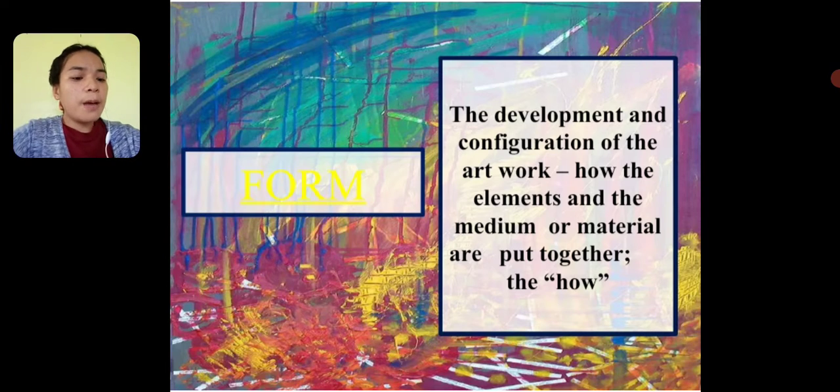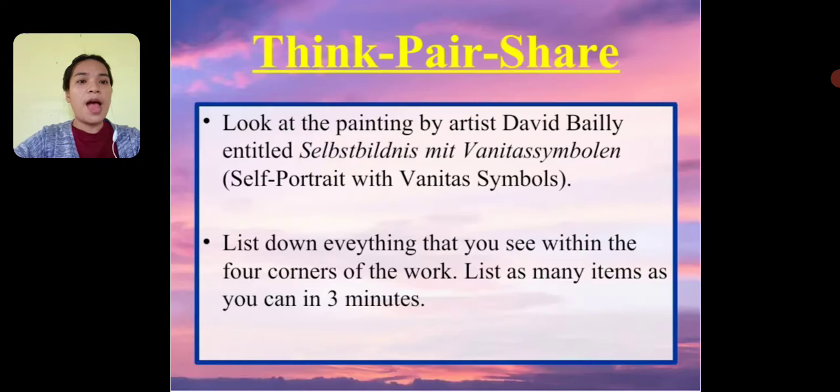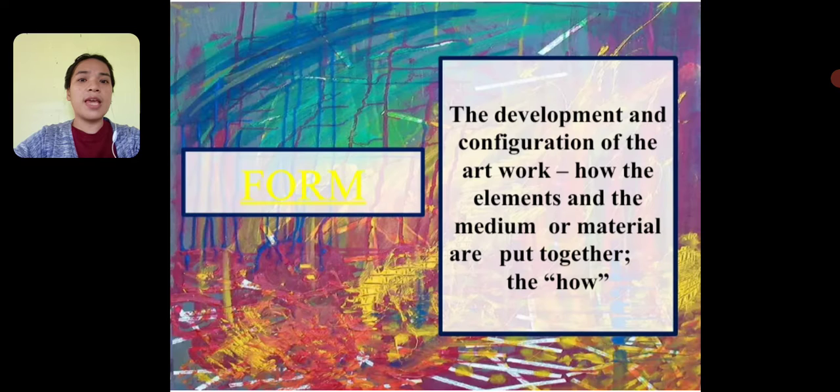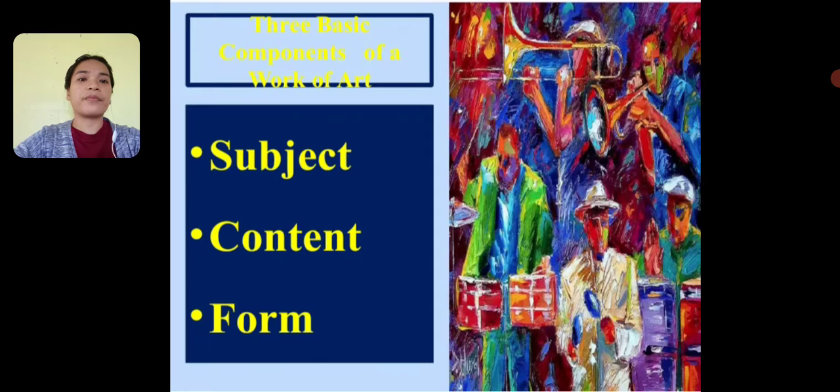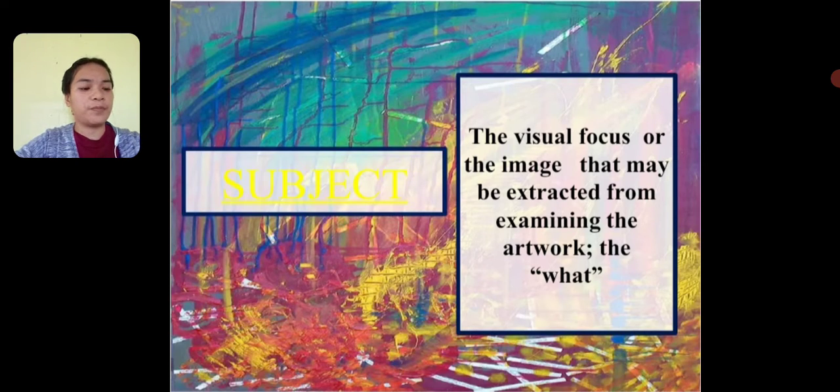So, the subject, form, and content have always been the three basic components of a work of art, and they are inseparable. In general, subject may be thought of as the what: the topic, focus, or image.